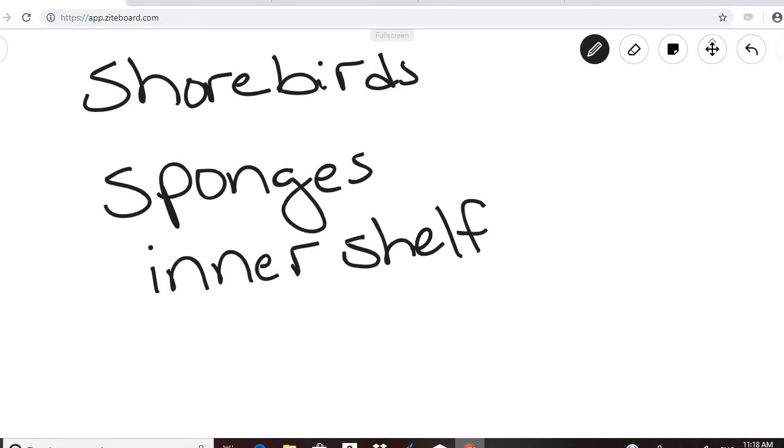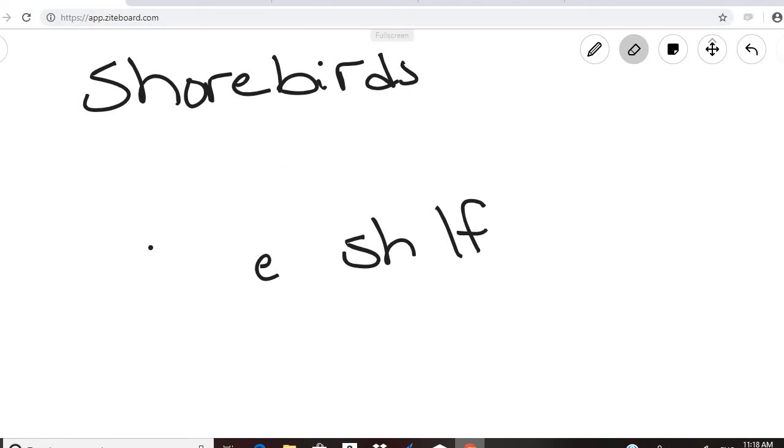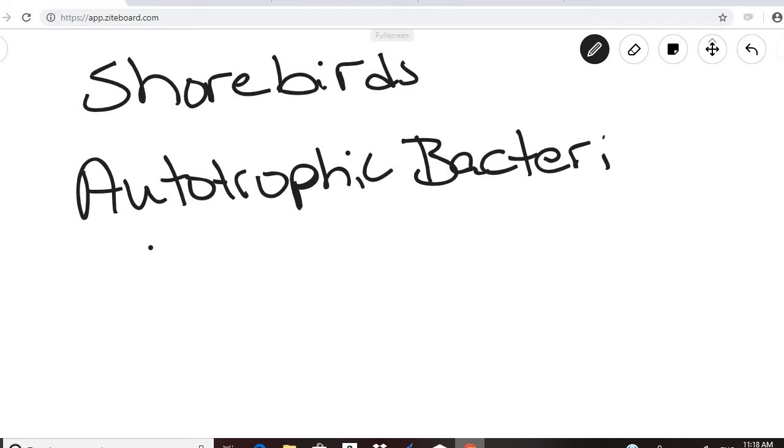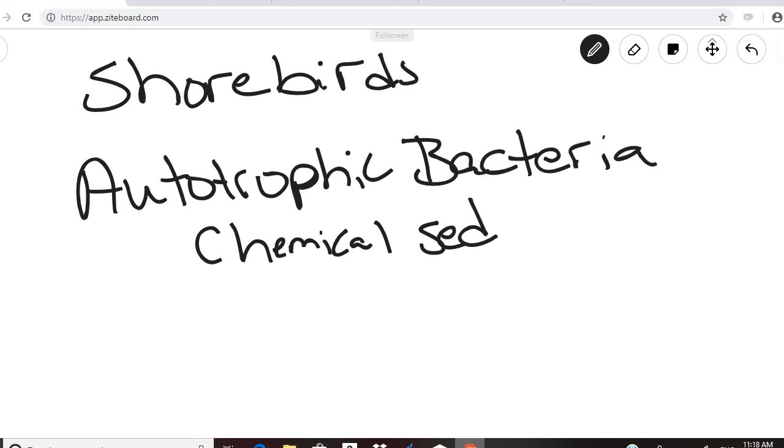Okay, how about autotrophic bacteria? So autotrophic bacteria means that since they're autotrophic, they make their own food, but bacteria don't use light to make their own food. They use chemical sediment. So where would you find chemical sediment?